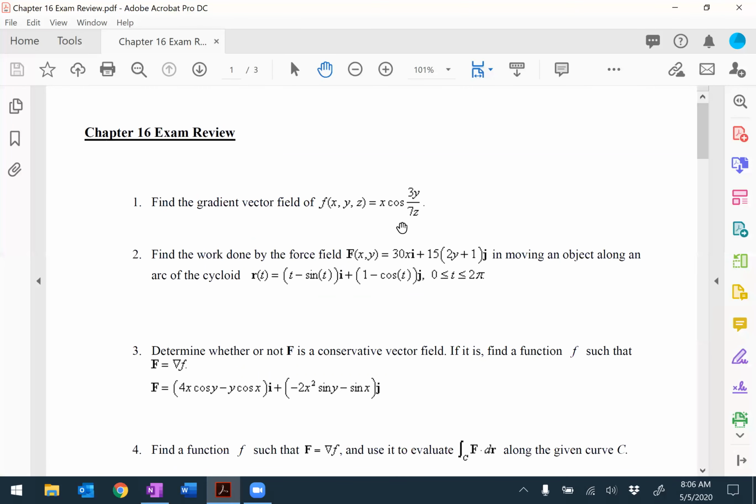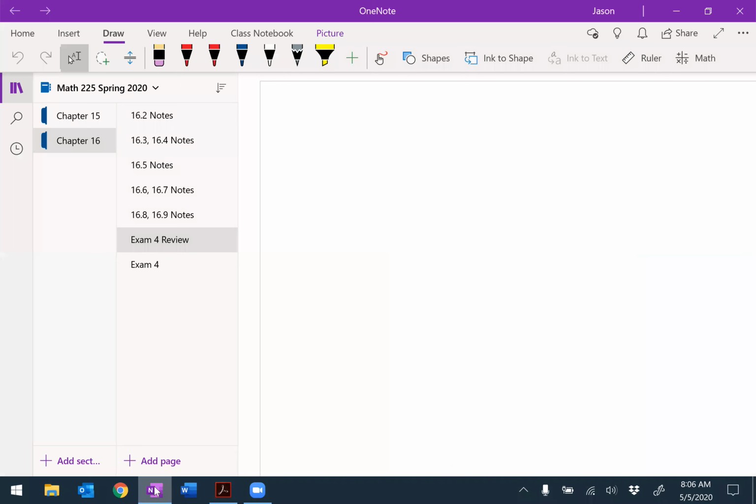Let's go back. Okay, x cosine 3y over 7z. So we want f sub x, f sub y, and f sub z, so we can get the gradient vector. So this is number 1.